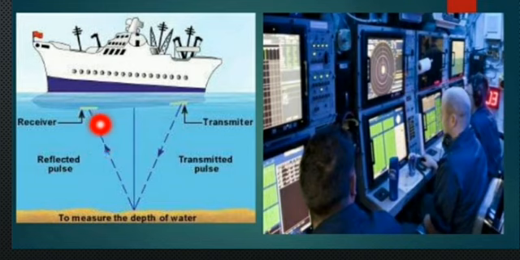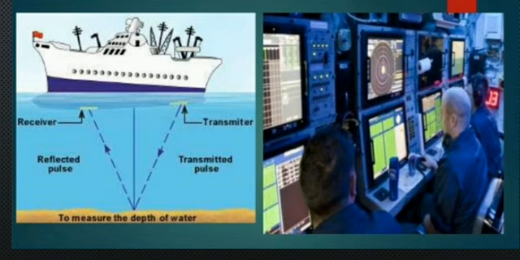The reflected pulses are received by the receiver. There is a frequency difference, based on which the depth of the sea is measured. So these are the systems to measure depth.